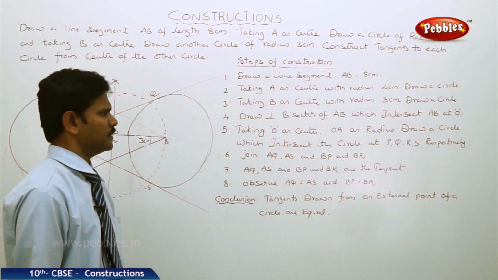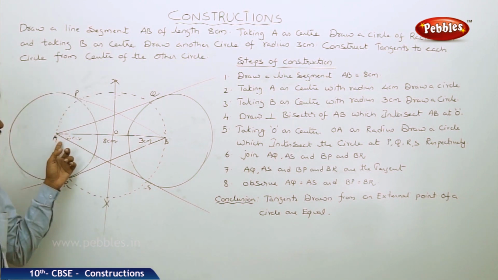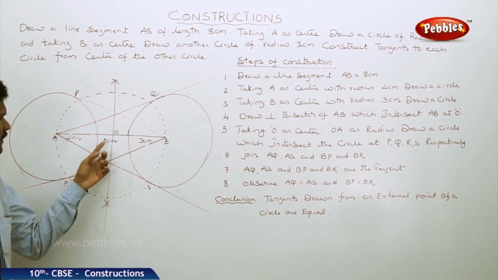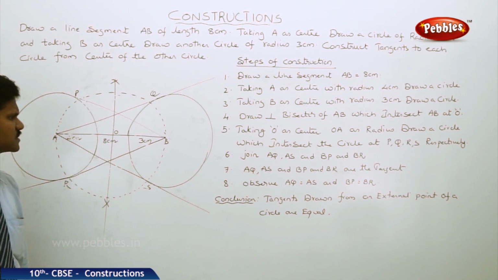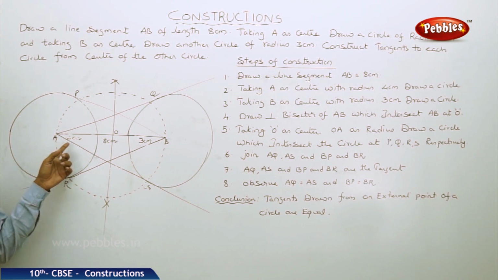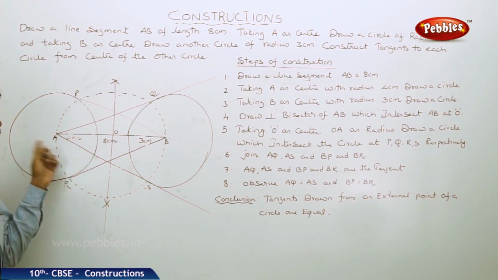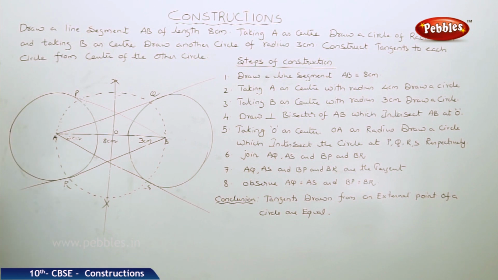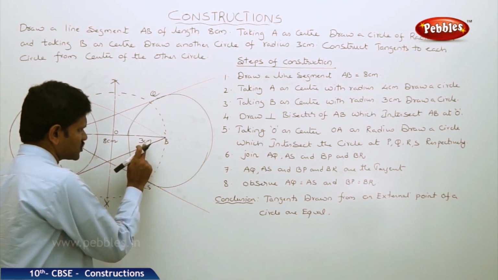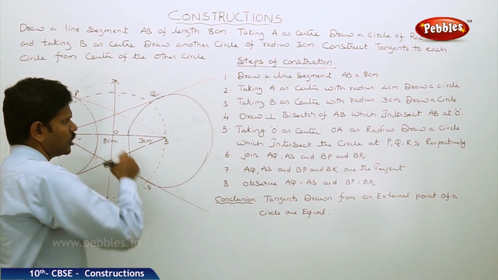Once again to repeat, draw a line segment AB of length 8 centimeters. Taking A as center with radius 4 centimeters, draw a circle. Taking B as center with radius 3 centimeters, draw another circle.